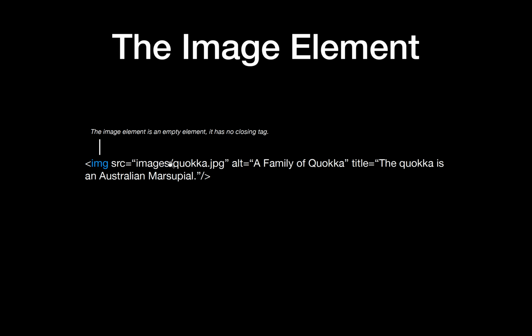But this indicates it is pulling directly from my computer, from the images folder that I designated. Okay, I've got my alternate text. Again, that's really important for screen readers and accessibility. And then I have my title. Okay, so there's my image link, my image element.